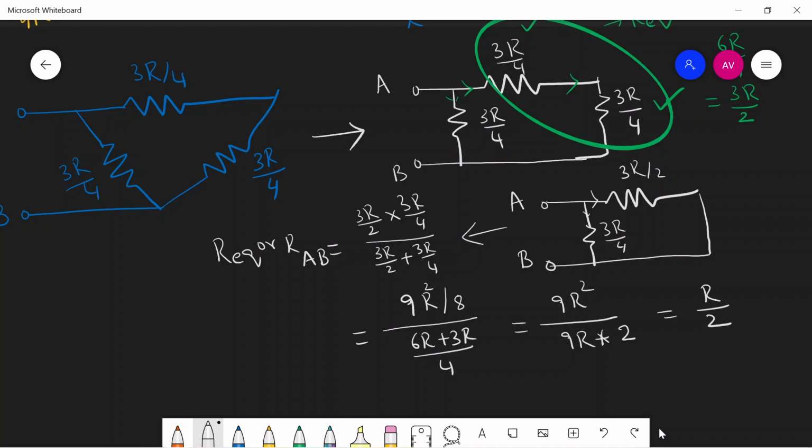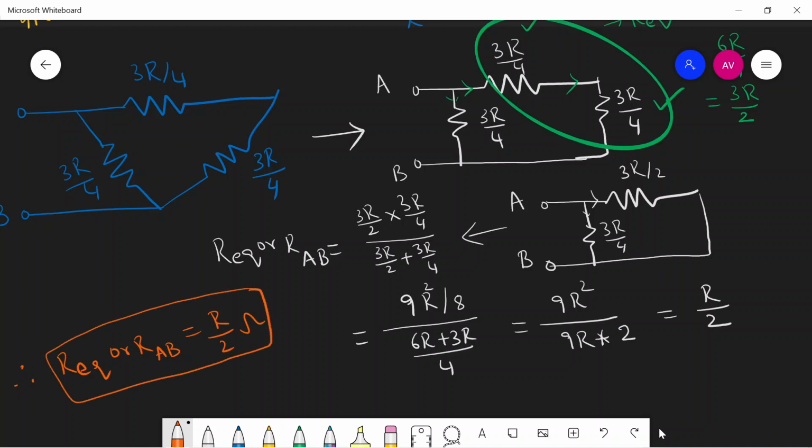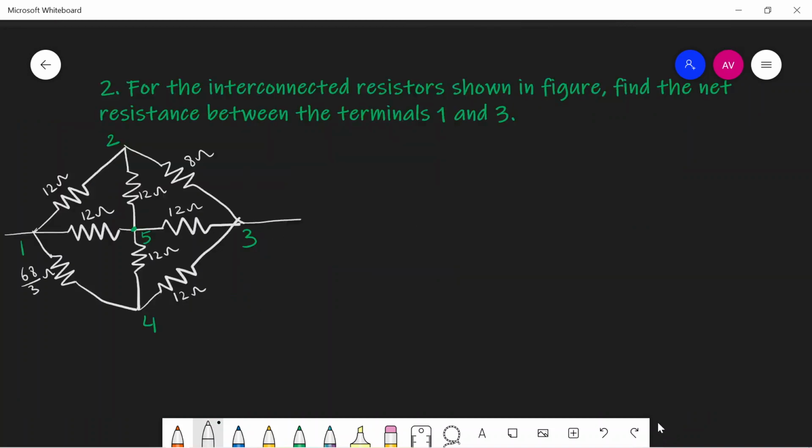If you solve this equation, the answer will be R by 2. Therefore, R equivalent or RAB equal to R by 2 ohms. This is the answer. Let us see the next problem.